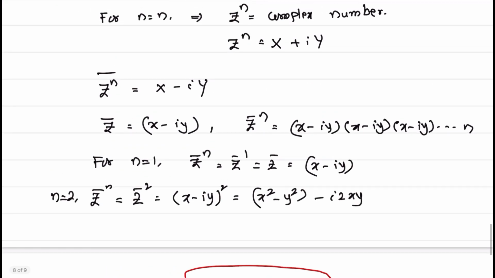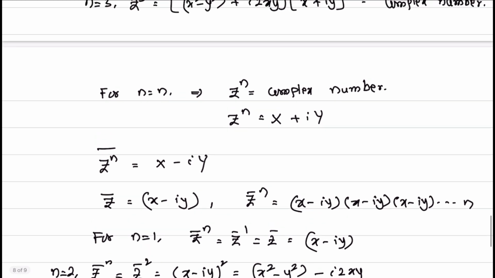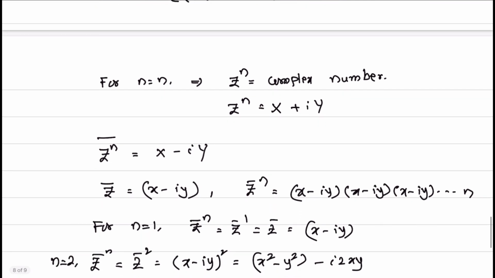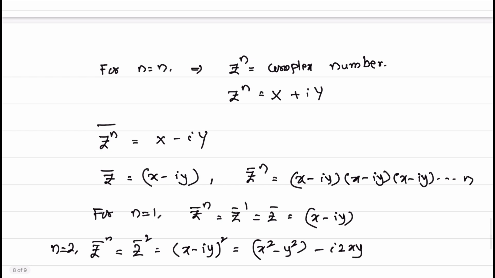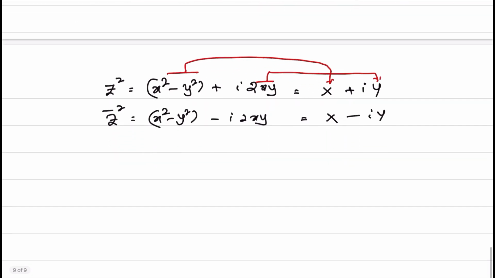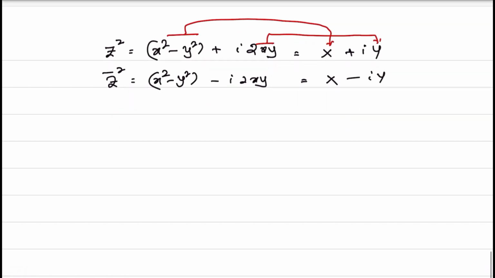And we have already seen z to the power of n.